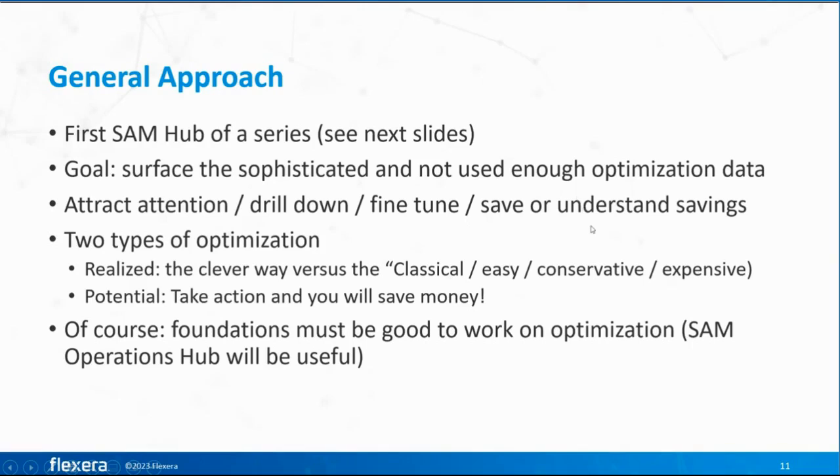So as I said, two types of optimization, the realized. And what is a realized optimization? This is, I would say, the clever way versus the classical, easy, conservative, expensive. So it's a very simple story.